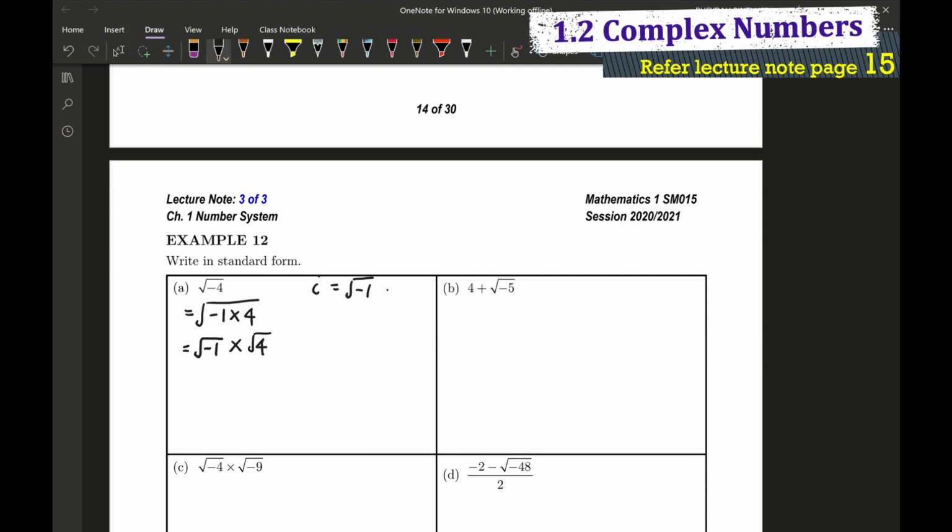Can we solve this? Okay, again, by definition, what we get from our previous page, square root of negative 1 is equal to i. So this one, we can write it as i. What about square root of 4? Square root of 4 is equal to 2. So our final answer is 2i.